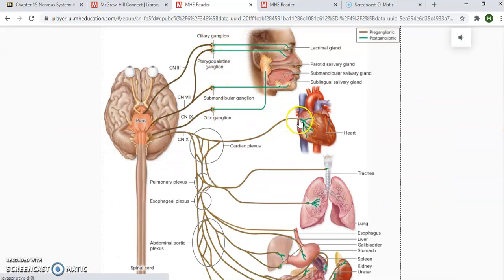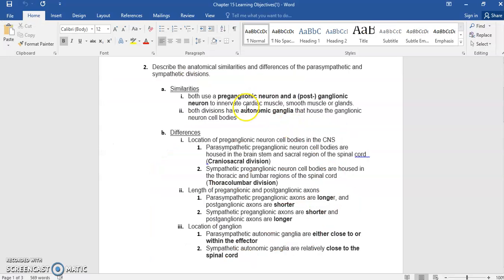You could also see some here as well. So that is where their similarities lie: they have two motor neurons, one preganglionic, one postganglionic, that are taking the signal from the CNS to the cardiac muscle, smooth muscle, and glands. And then they both have ganglia, and they're called autonomic ganglia since it's autonomic motor neurons that are in those ganglia.